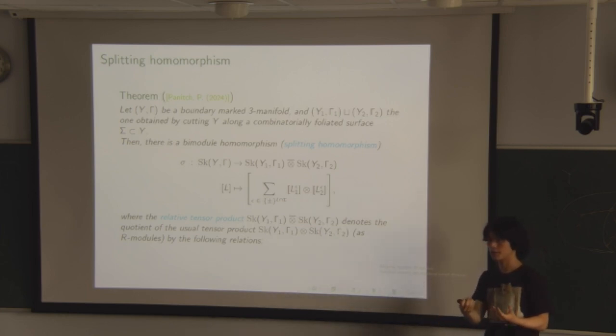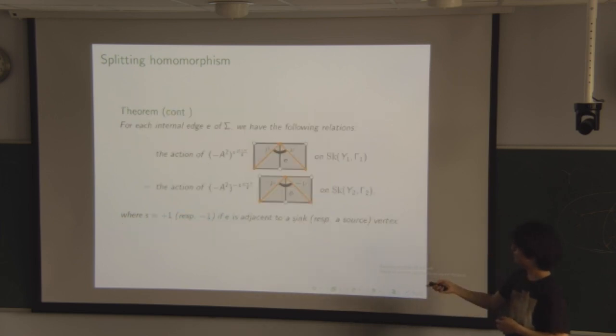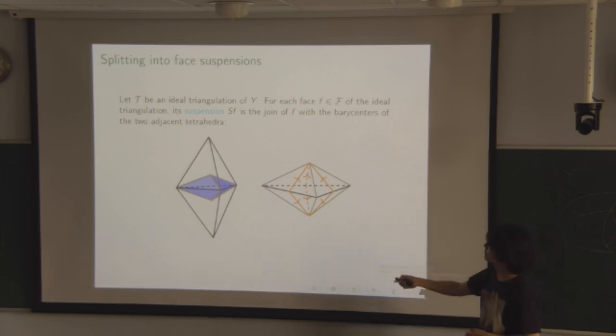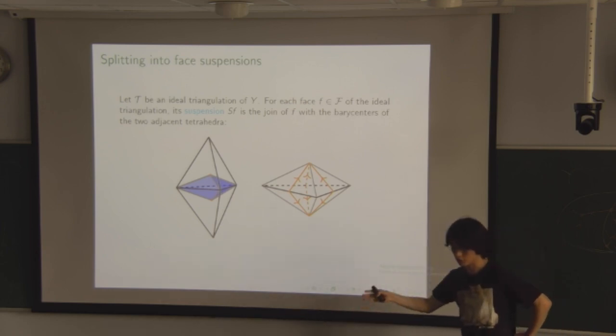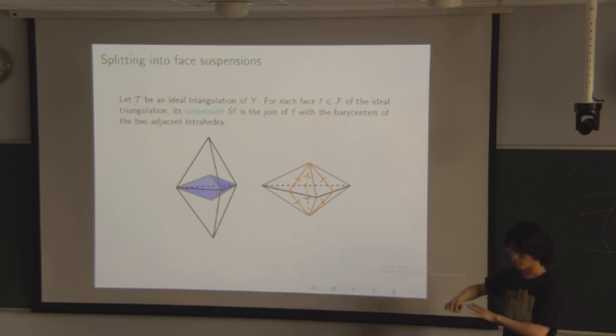We want the algebra action on the left to be the same as the algebra action on the right. So we have the splitting map. And now we want to use this splitting map to actually construct a homomorphism from the skein module to the quantum gluing module.